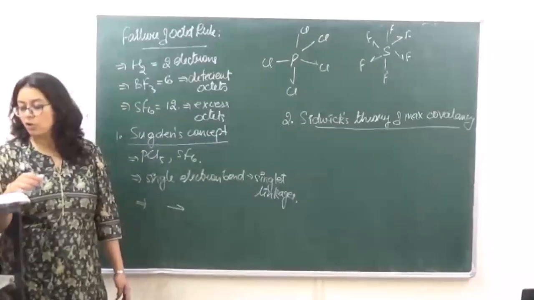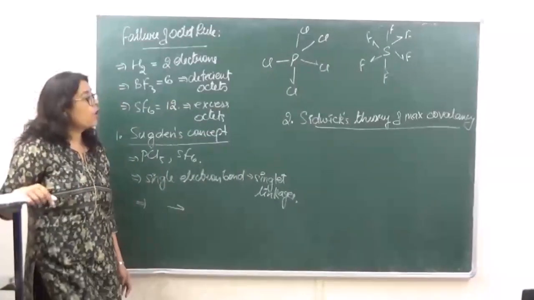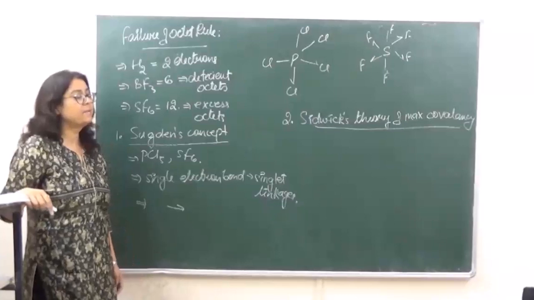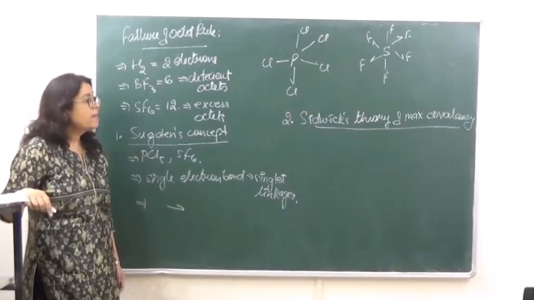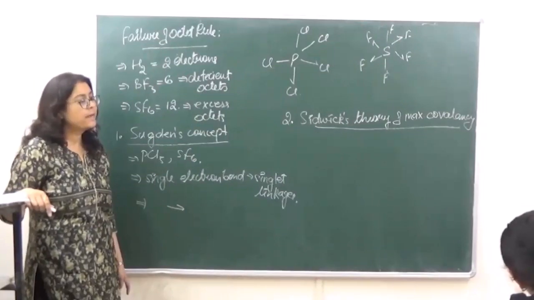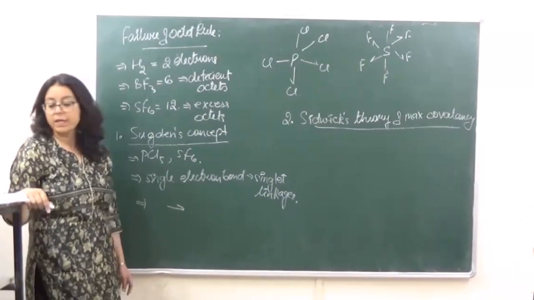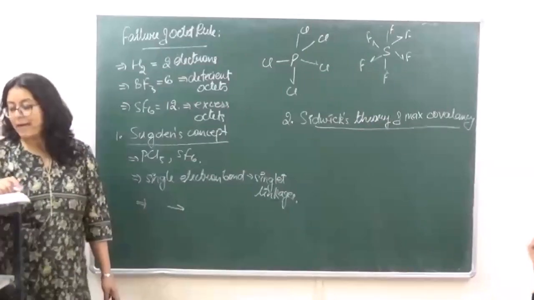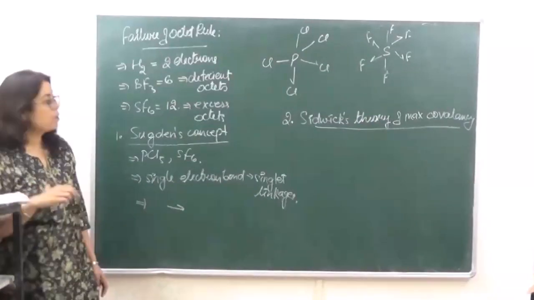According to this theory, the covalency of any element can be exceeded. Why? Because of the presence of certain vacant orbitals which are present in the central atom. Okay. So according to this, maximum covalency will depend upon what?